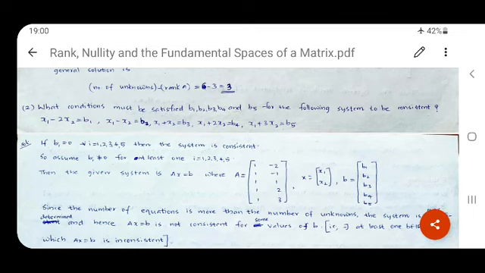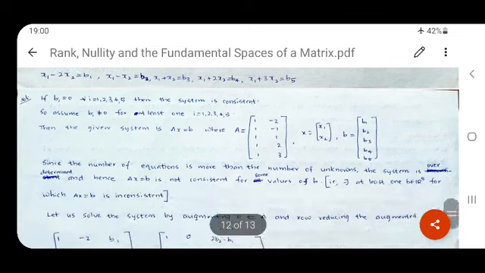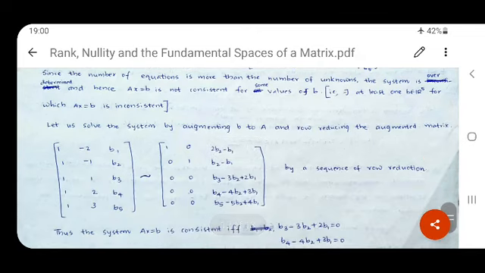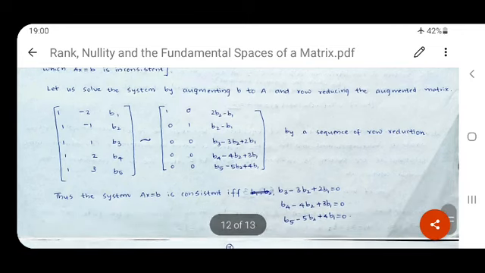Then the given system in matrix form is expressed and we row reduce it. So you will get a new system. The new augmented matrix has rows 1, 0, 2b2 minus b1, and so on. This system is consistent if and only if the rank of A equals the rank of the augmented matrix.